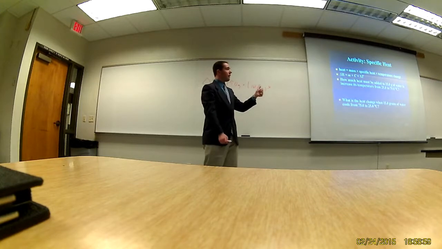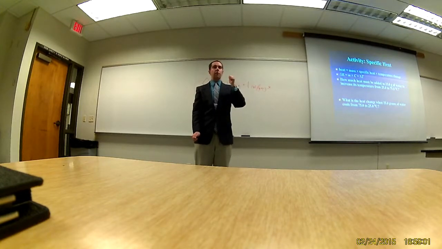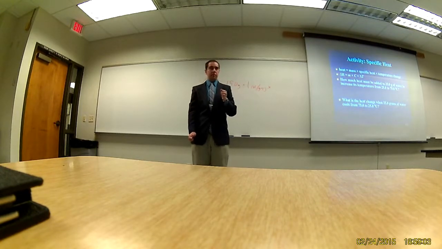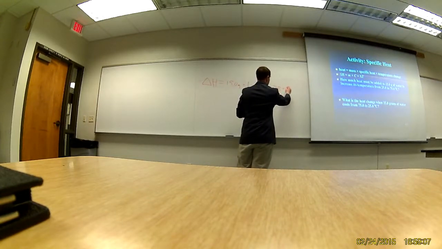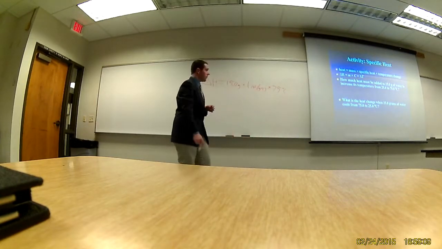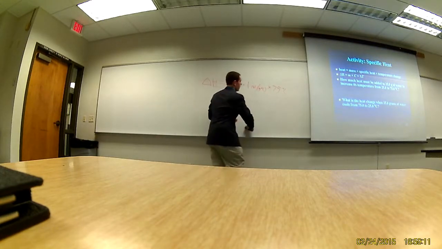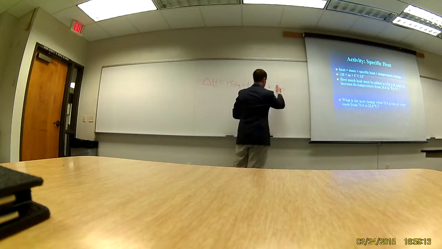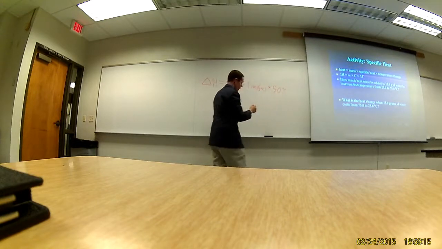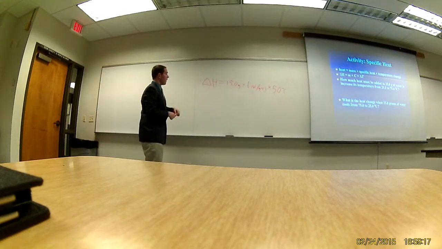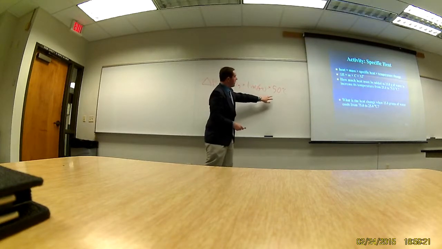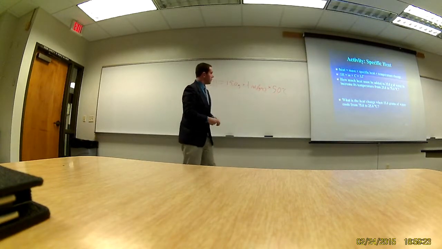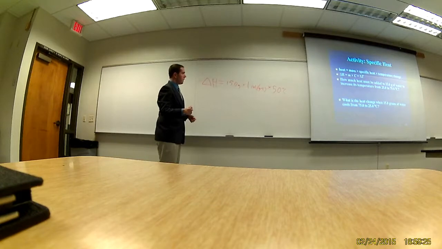It's going from 25 to 75, so it's a positive delta T, 50 degrees C. So to find our delta H, we just go 15 times 1 times 50, which is 750.